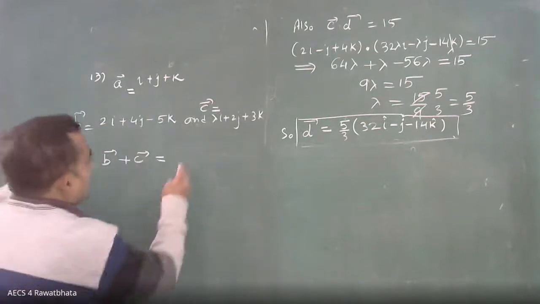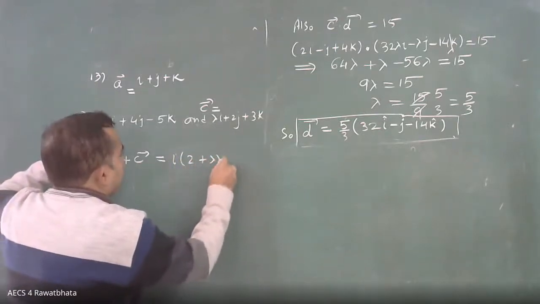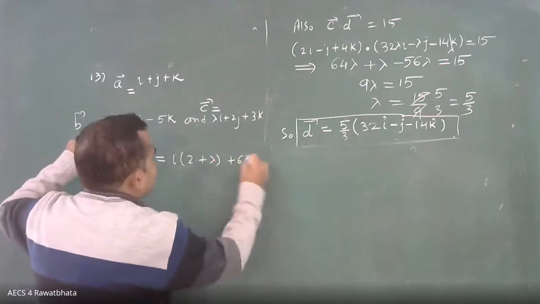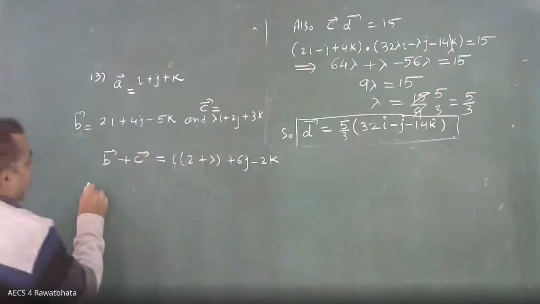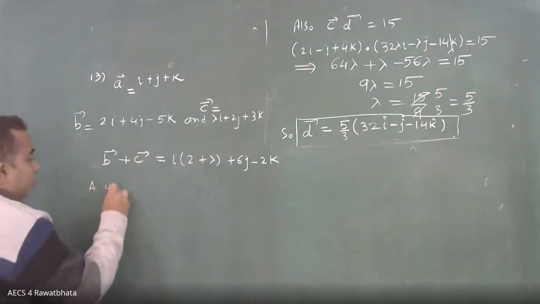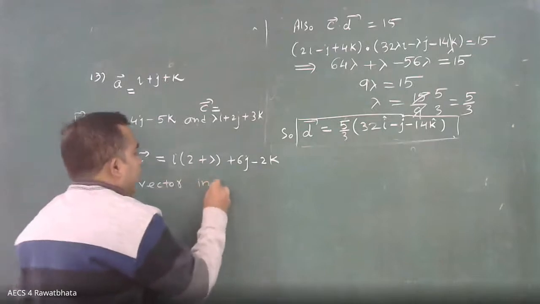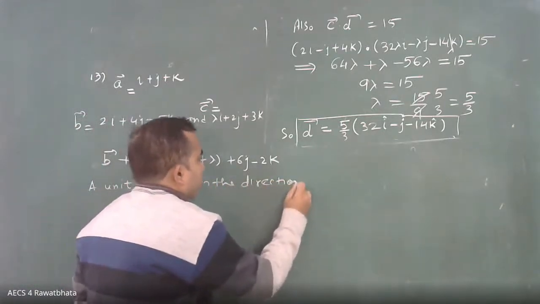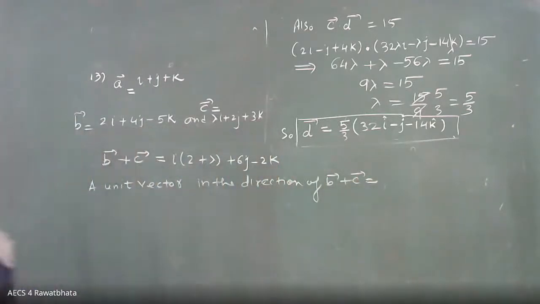So first of all, B plus C, let us take i common: 2 plus lambda i, plus 4j plus 2j, it will be plus 6j, and minus 5 plus 3 is minus 2k. This is B plus C. Then a unit vector in the direction of B plus C will be equal to, tell me how much it will be.